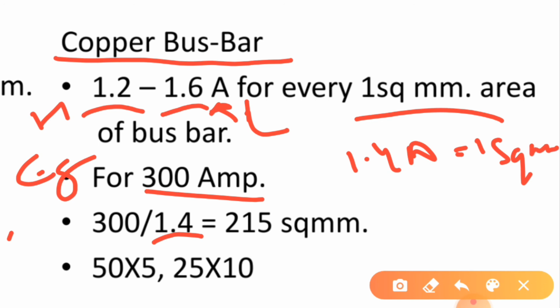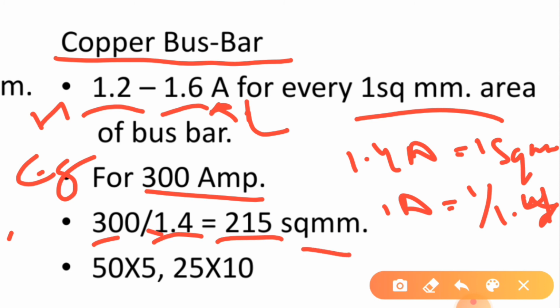Or we can say for 1 ampere we will require 1 by 1.4 square mm of bus bar. So for 300 we will do 300 multiplied by the area required for 1 ampere, that is 1 by 1.4. So by calculating this, we will get 215 square mm of area for copper bus bar.